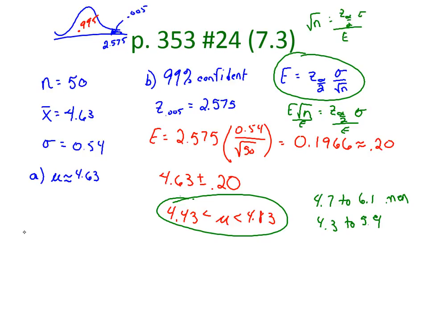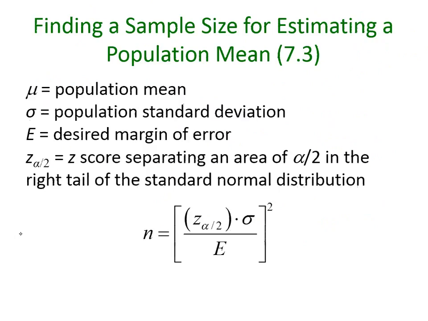The opposite of square rooting is to square it. And so my sample size is going to be the value of z of alpha over 2 times the standard deviation of the population over the margin of error, squared. So when you're trying to find your sample size, that's exactly what you're going to use. It's just rearranging that equation.